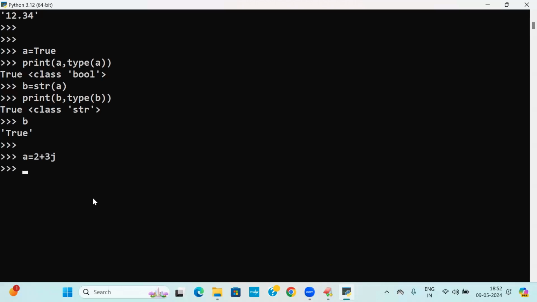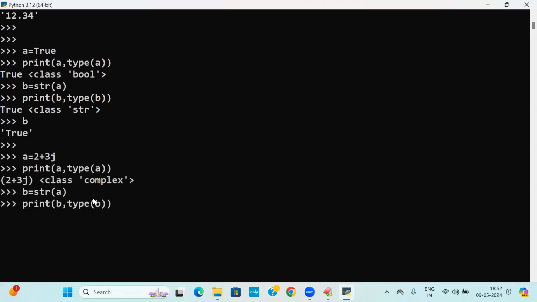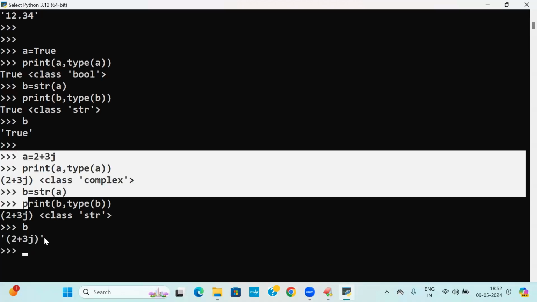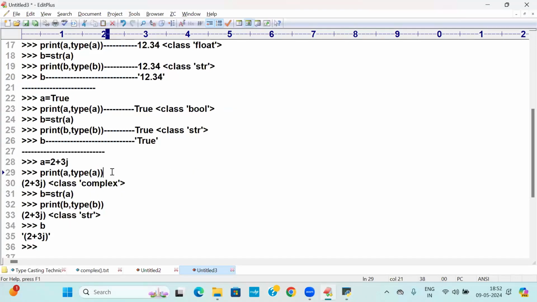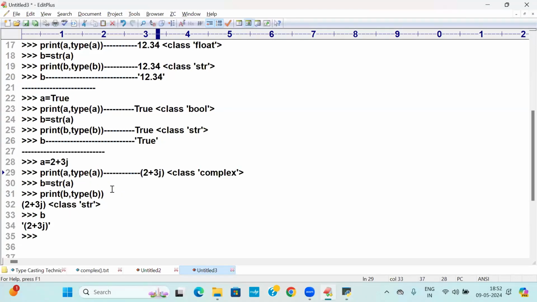Next, I am going to enter the last and final one: 2 plus 3j. What is that now? Complex type. str of B, print that. B you print it. Are you able to follow now? Done. So here, students, this is the data we have available, and B is like this.